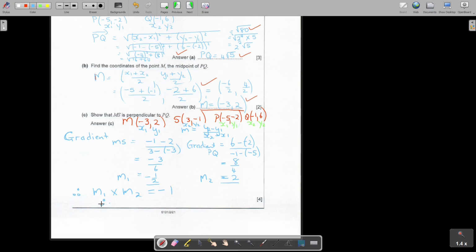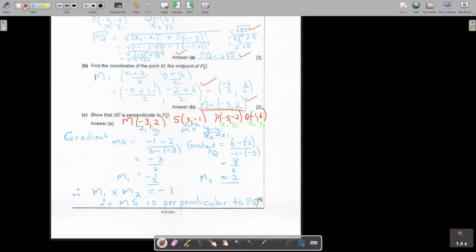So, therefore, MS is perpendicular to PQ. Did you see? If it was the same, it's parallel, but now it's perpendicular.